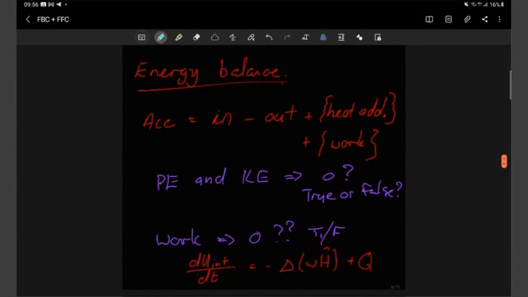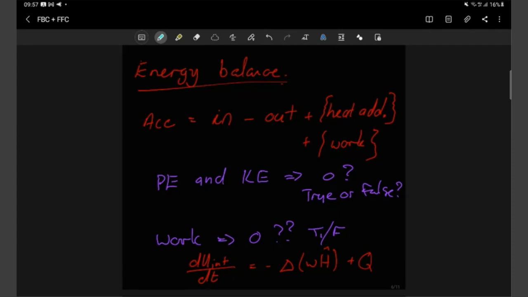Then our energy balance. Obviously, accumulation of energy inside the system equals whatever is coming in in terms of enthalpy and those sort of things, minus out, plus whatever heat is added due to reaction or due to steam used to introduce more energy into the system.